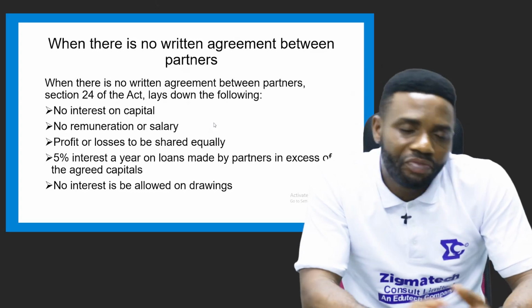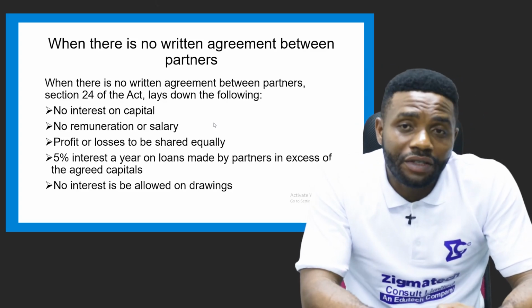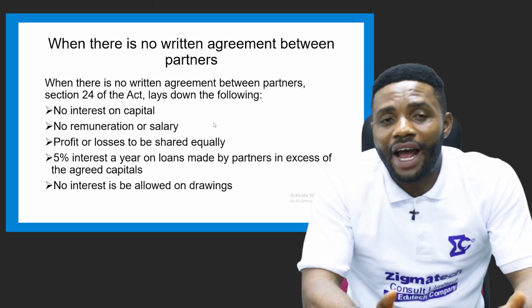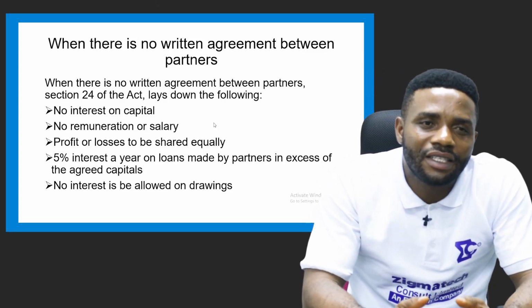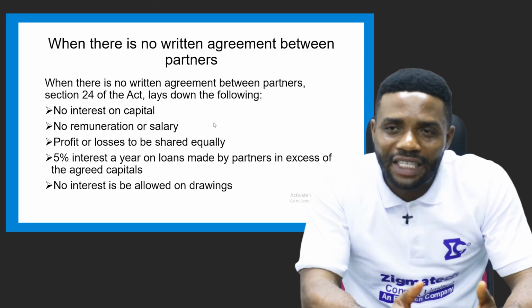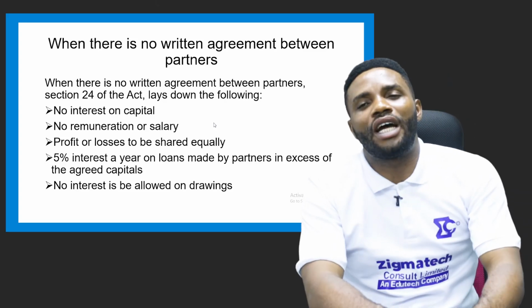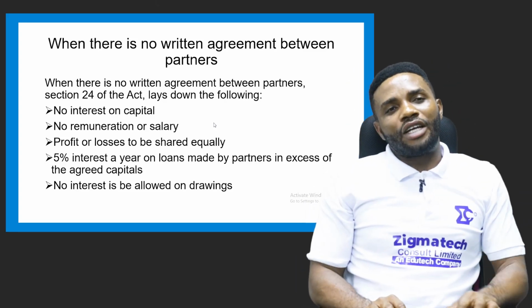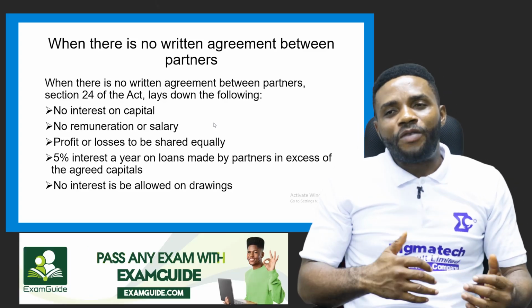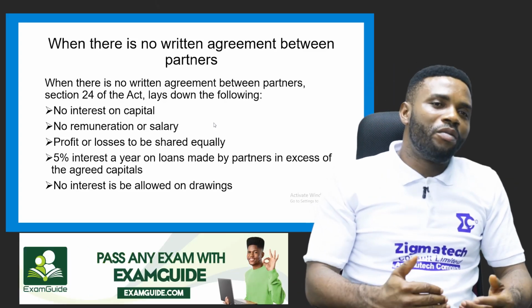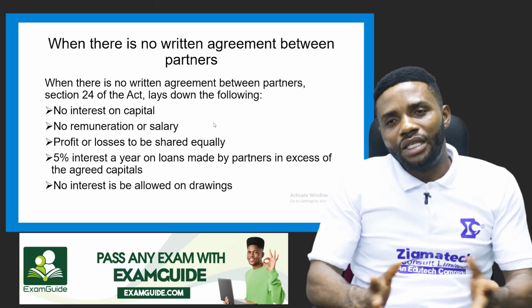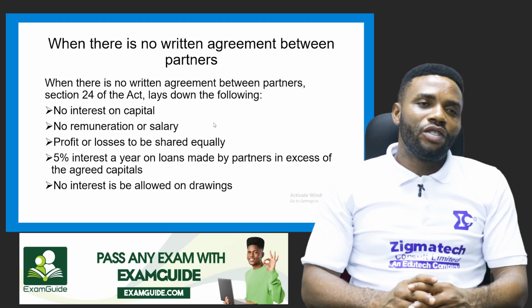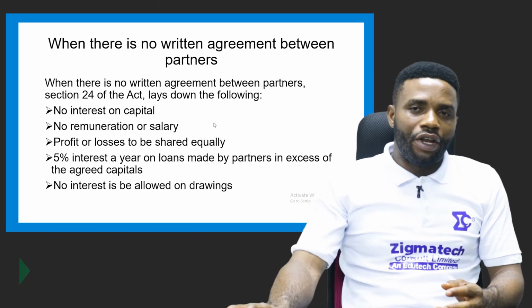There will be no interest. Whereas when there is a written agreement, you must charge interest on drawings. Remember, we mentioned that interest on drawings is there to discourage the frequency of taking from the business. So, when there is no written agreement, there will be no interest allowed on drawings.